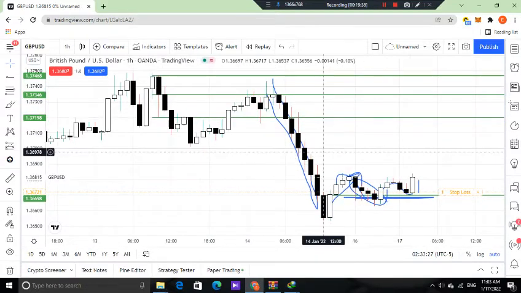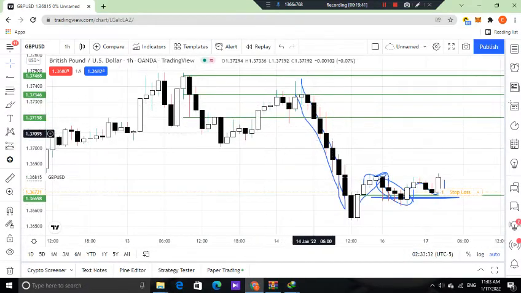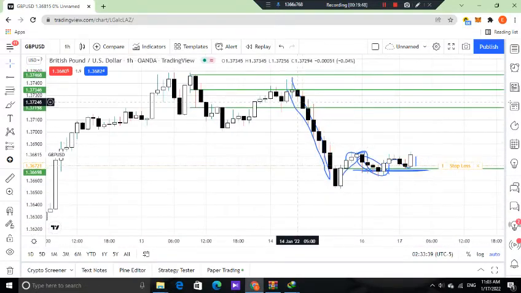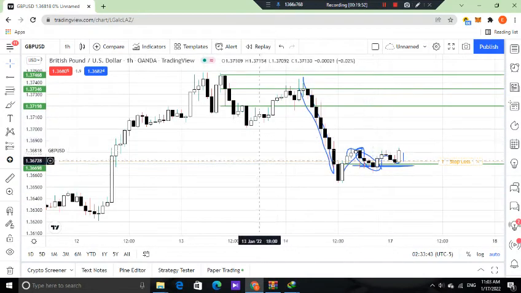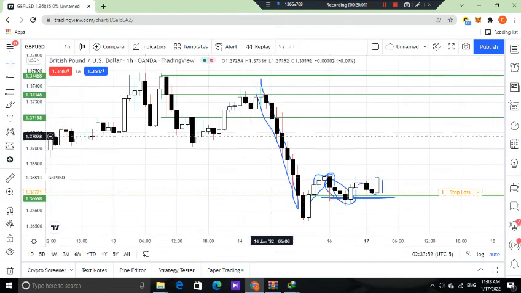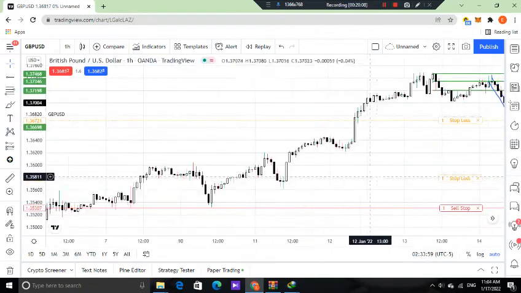There is a point about pullbacks I have to add, which is when you see this kind of candles in a row, and we don't expect to see any pullbacks, as you didn't see any. So you can enter the position at any time, because based on that traditional definition, we enter the position in a trend.